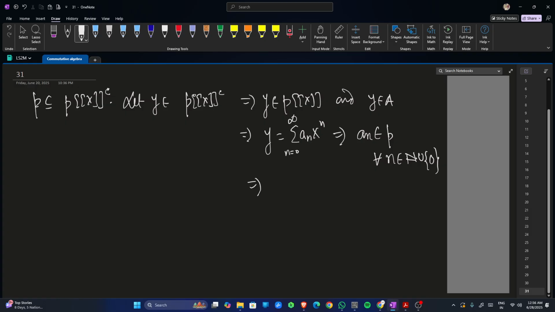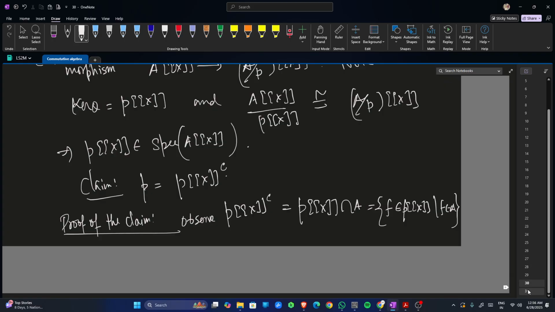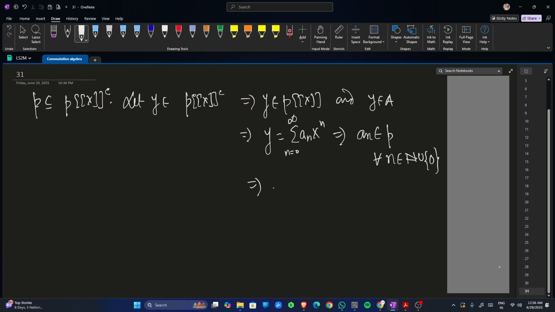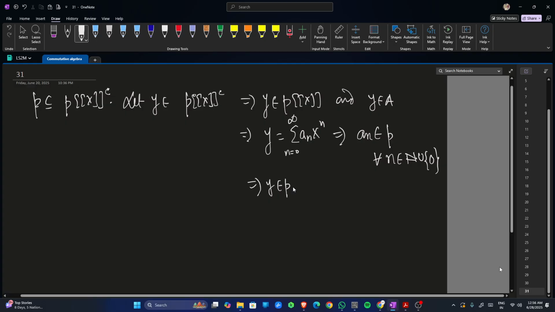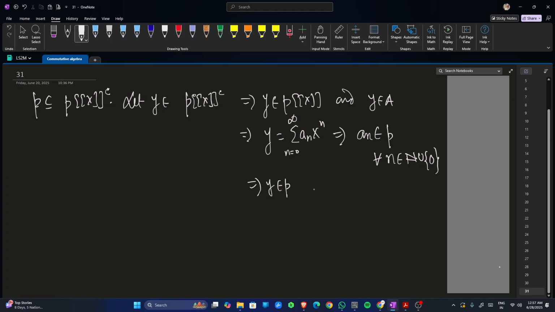So what is P contraction? All such that is in A. This implies that y is in P, because y belongs to A implies a_n equals 0 for all n greater than or equal to 1, and this implies a0 is in P and y equals a0.